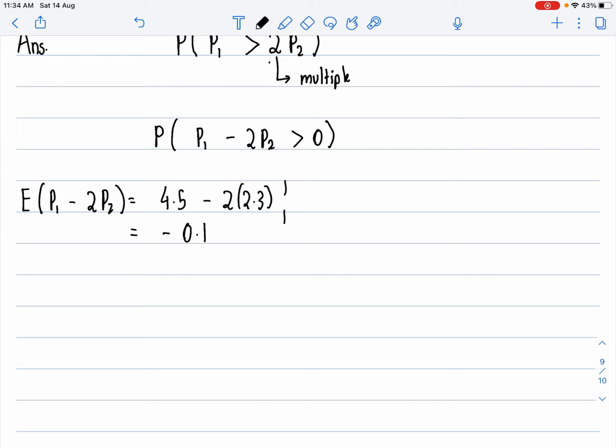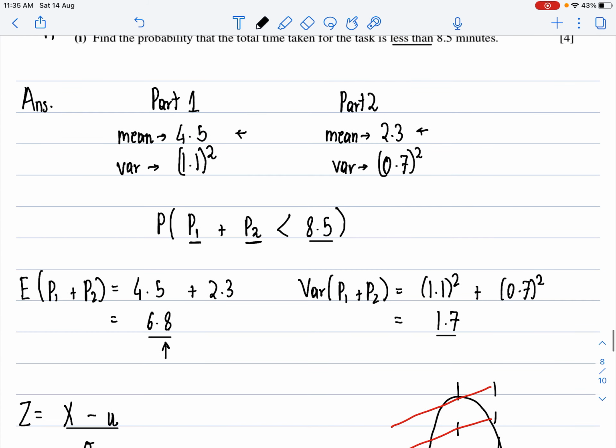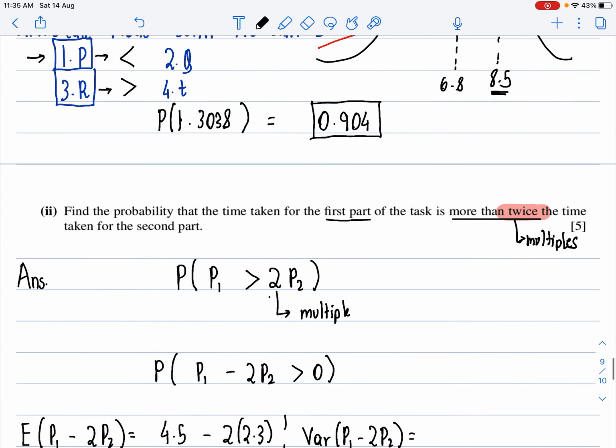Now comes the important thing, which is the variance. The variance of part 1 minus 2 into part 2. First, you write the variances of part 1 and part 2. The variance is 1.1 the whole square and 0.7 the whole square.